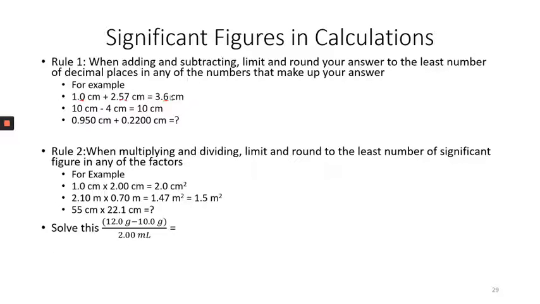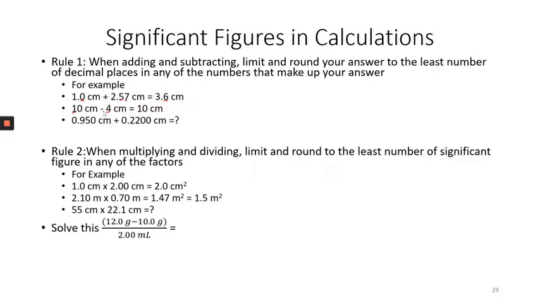Now I purposely put the second example because neither of them have decimal places. So when there are no decimal places, you must round to the regular place, not the decimal place. So this here is my last significant digit. It's the tens place, and this is the ones place.